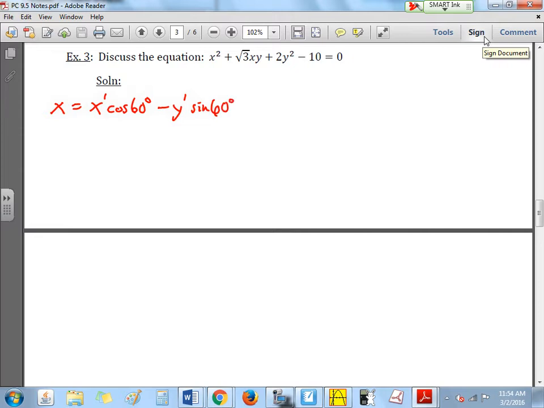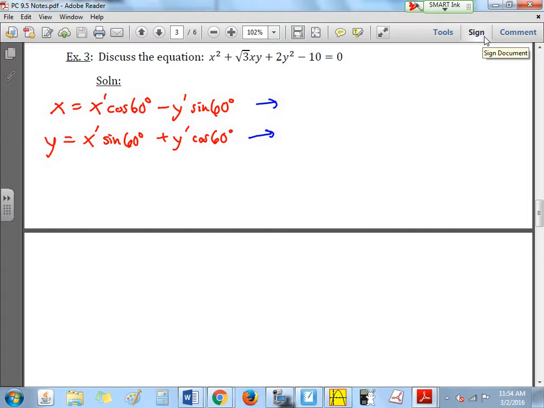And y will become x prime sine 60 plus y prime cos 60. Yeah, plus. So the x is the minus case, and the y is the plus case.